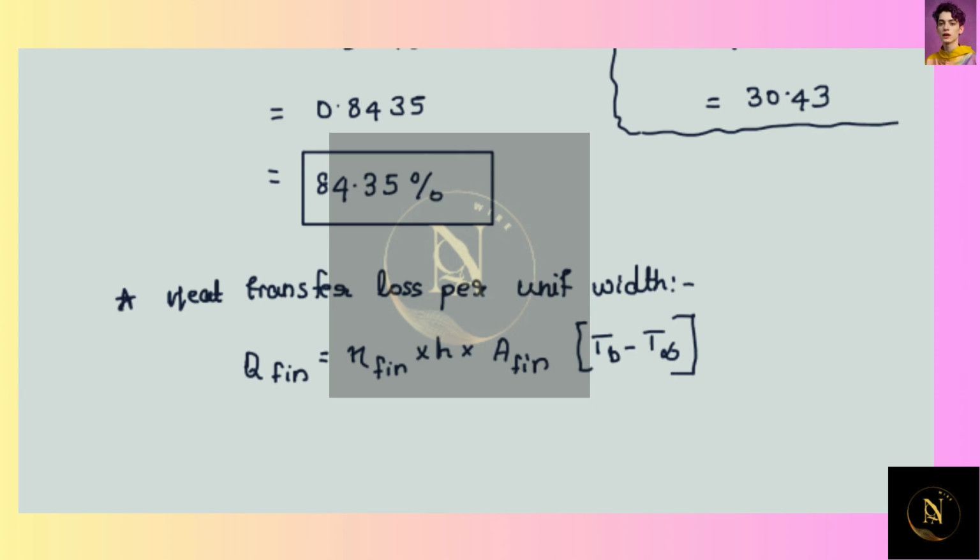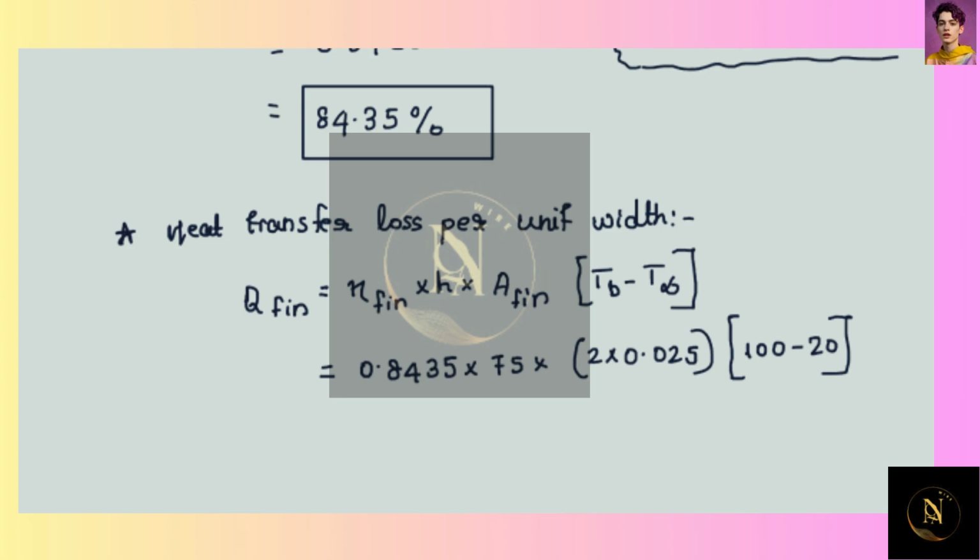Substituting the values, efficiency is 0.8435 into h is 75 into area 2 into 0.025 into the temperature difference, which is 100 minus 20. Upon solving we will get heat transfer loss per unit width to be 253 watts. So this will be the final answer of this question.